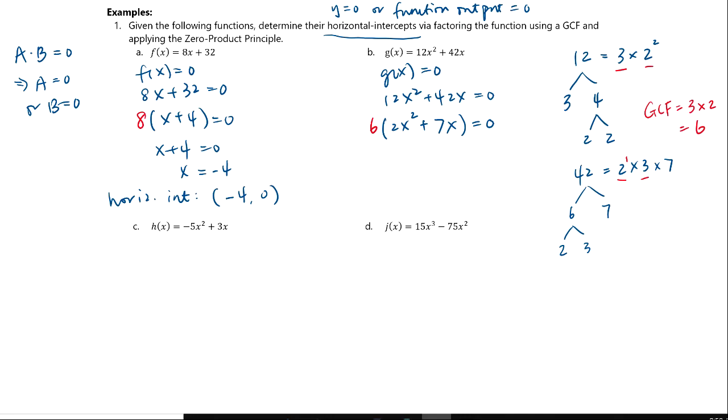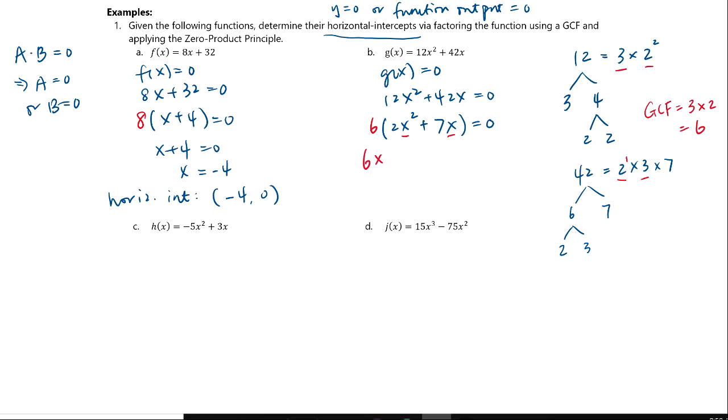And if they have variable expressions in common, we want to factor out the lowest degree of the variable. So here, if we look at the two terms, we have x squared and x, and that's in common. So we're again going to factor out the lowest degree of x.